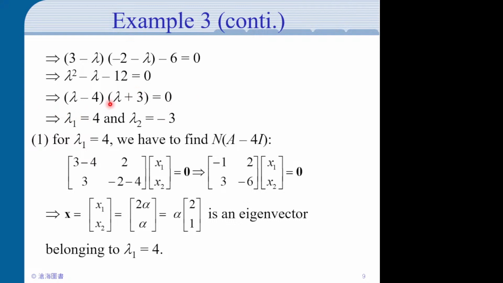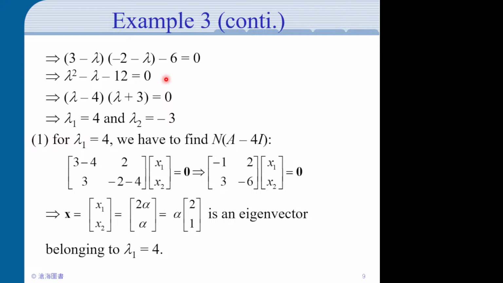So this is lambda minus 4 times lambda plus 3 equals 0. So the first lambda is 4, and the second lambda is minus 3. This is lambda squared minus lambda minus 12, or (lambda minus 4)(lambda plus 3). Those are the characteristic polynomial, and setting the polynomial equal to 0 gives the characteristic equation.